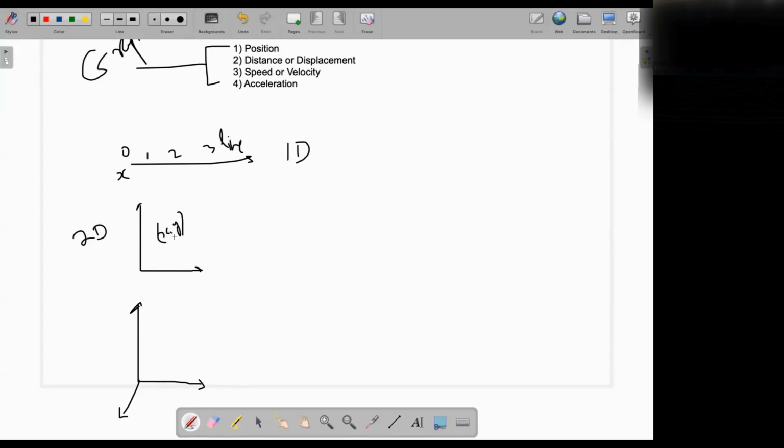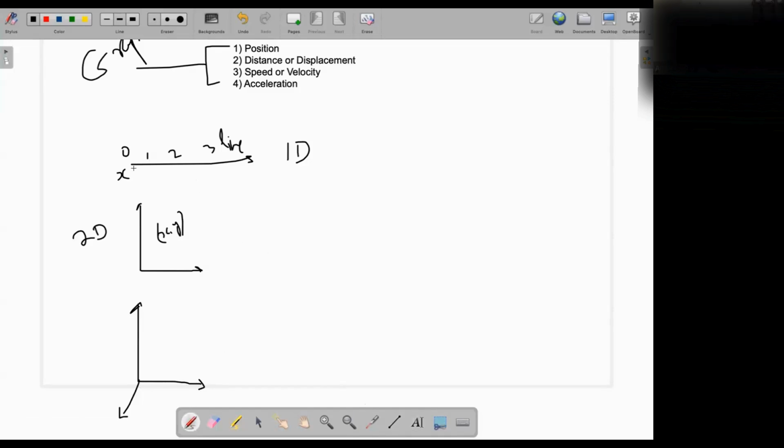What is this two dimension called? The one dimension is called line. Two dimension is called?